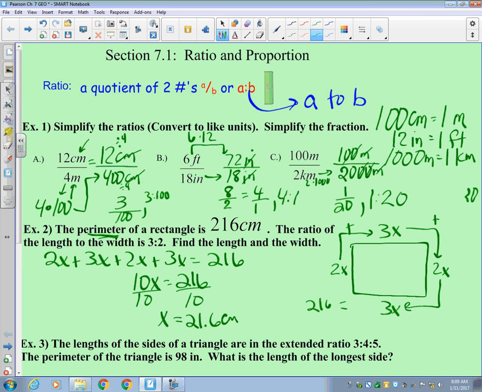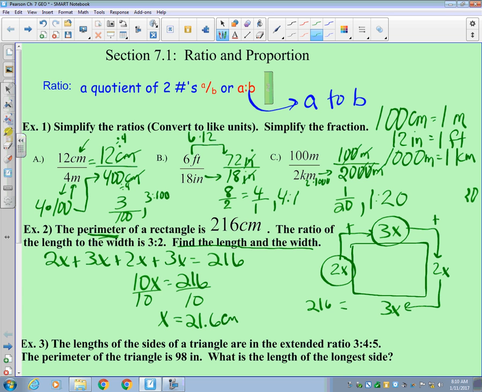Does that answer the question? The answer is no, it doesn't answer the question. It just gives us x. We need to multiply it by 2 to give us the width, and we need to multiply it by 3 to give us the length.